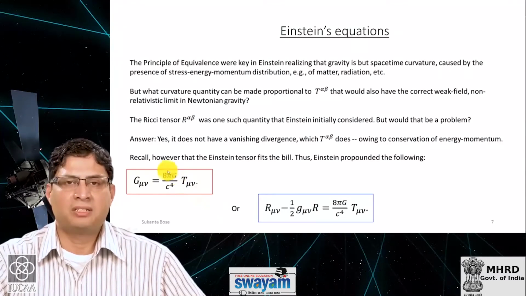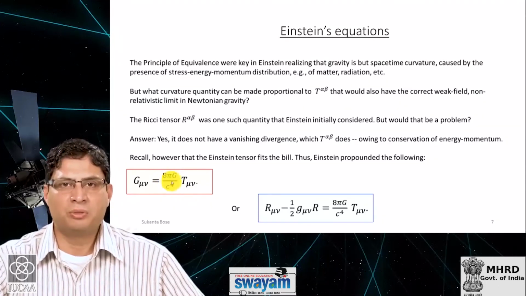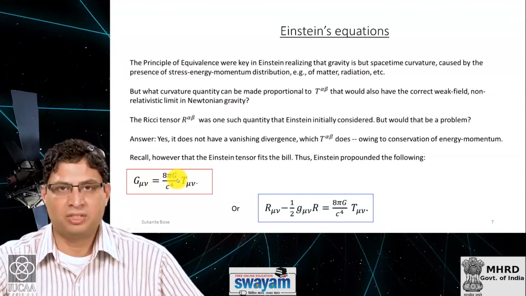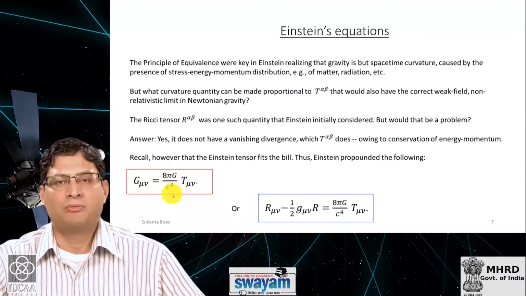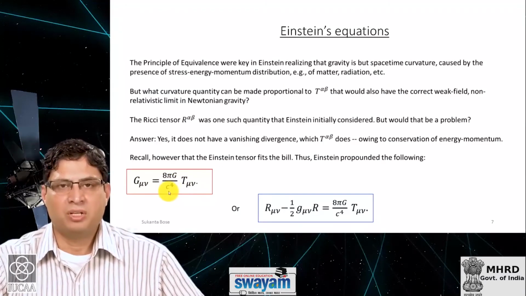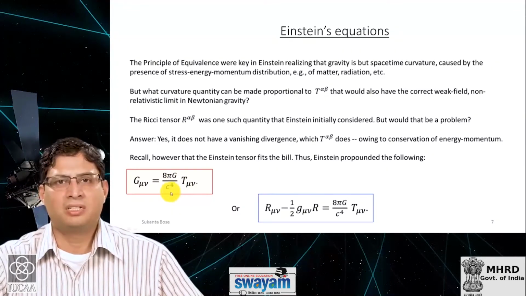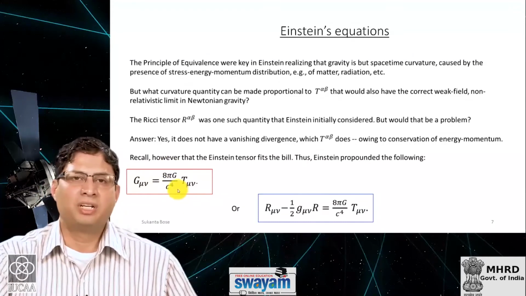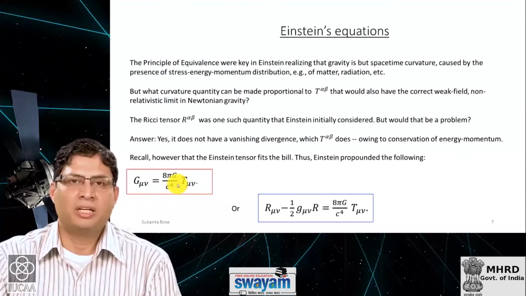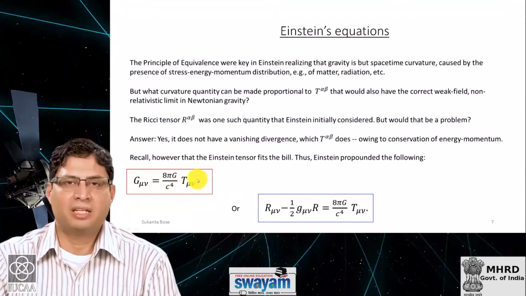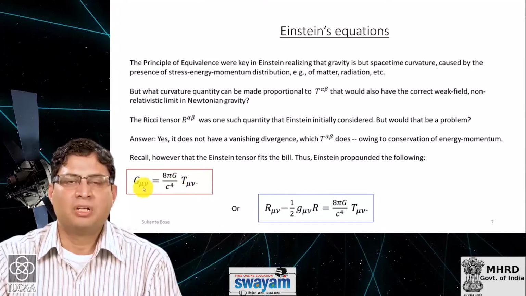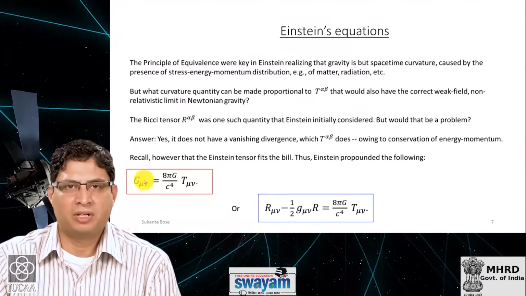This proportionality factor is simply 8 pi times Newton's gravitational constant big G divided by the 4th power of the speed of light in vacuum. Because G is very small and c to the 4 is very large, but it is in the denominator, this coupling factor is very small, and that is why it takes a lot of matter like the earth itself to produce any palpable amount of gravity.